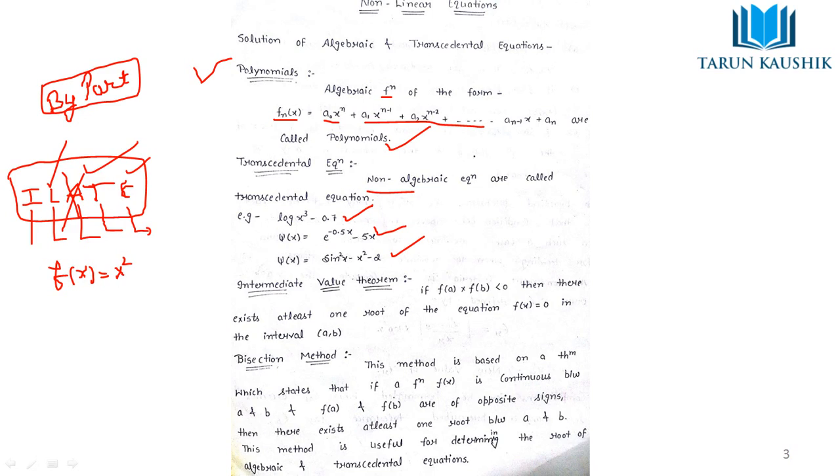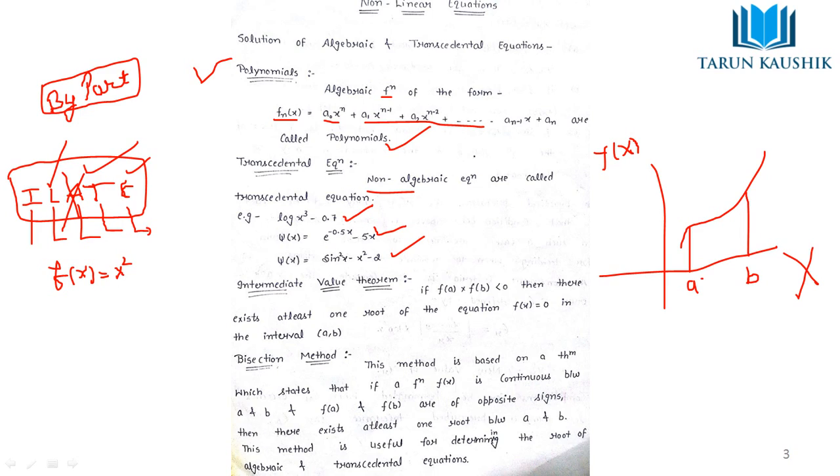Next point is the intermediate value theorem. For example, this is a curve, this is the x-axis, this is f of x, or you can say the y-axis, and this is point a and this is point b.